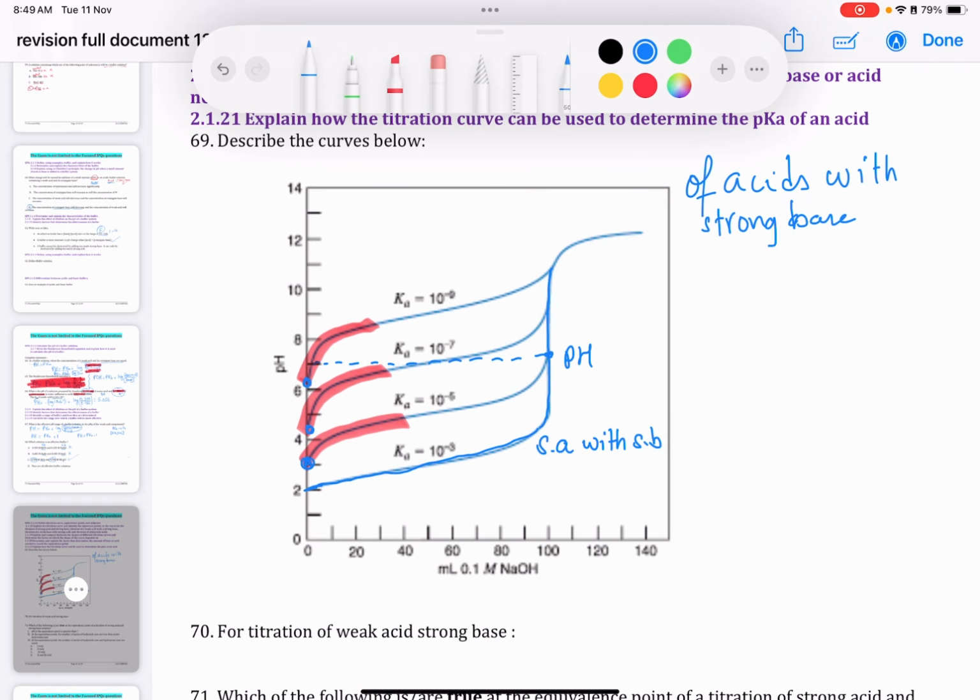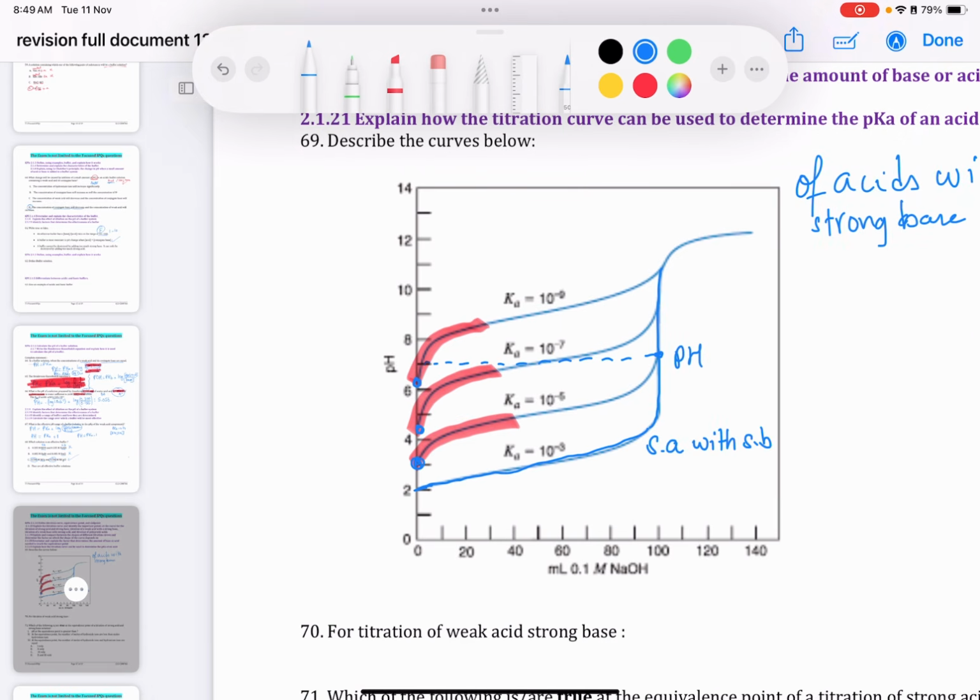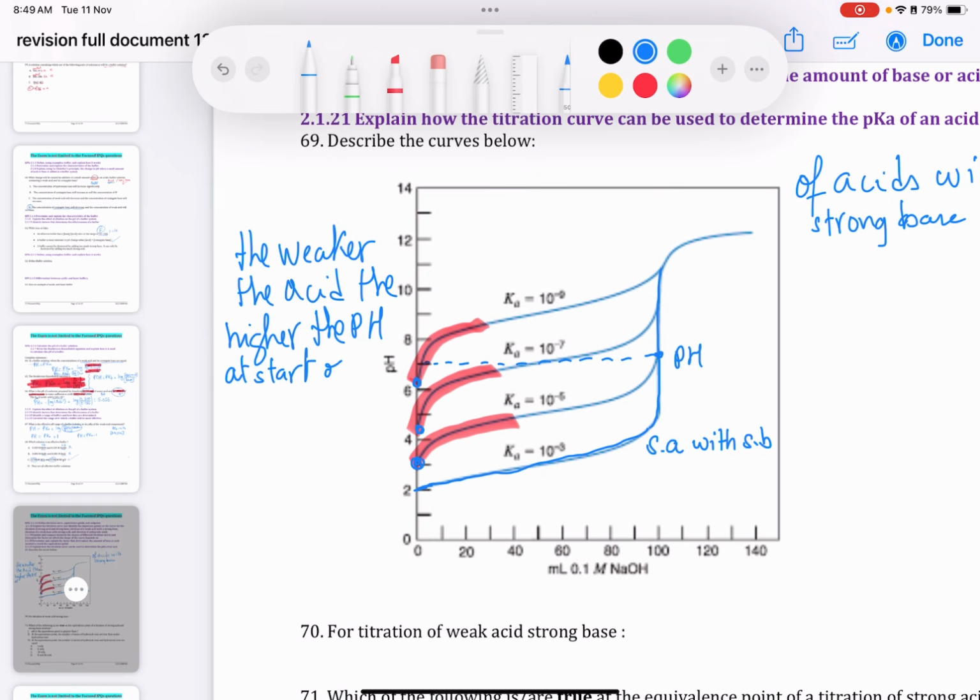So this set of curves shows the strength of an acid. How does it affect the titration curve? So the weaker the acid, the higher the pH at the start of the titration curve.